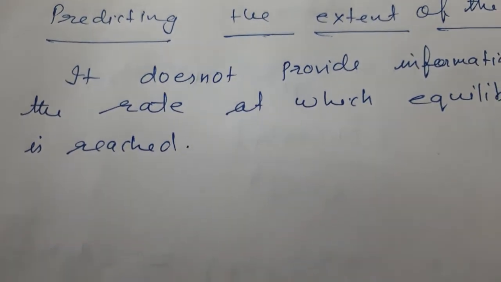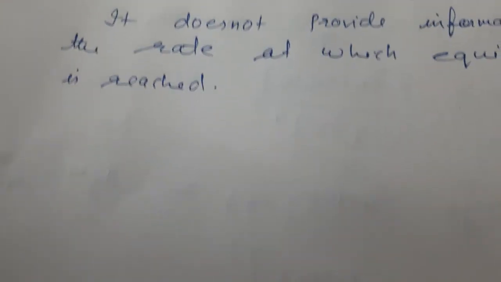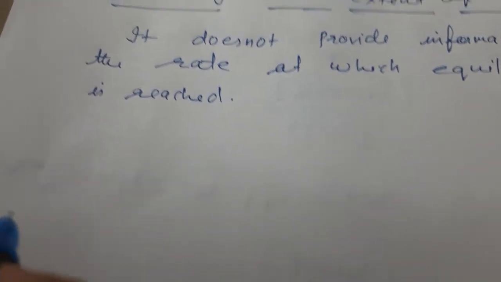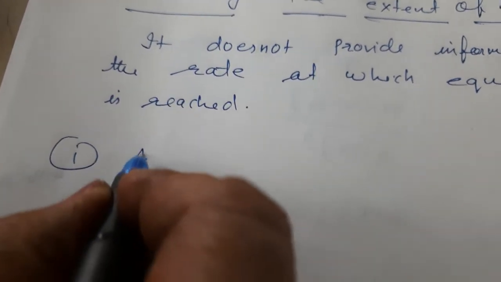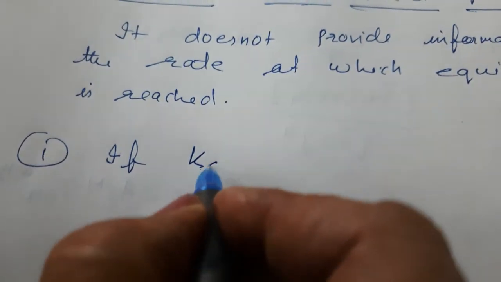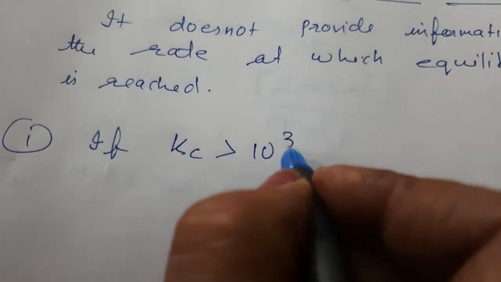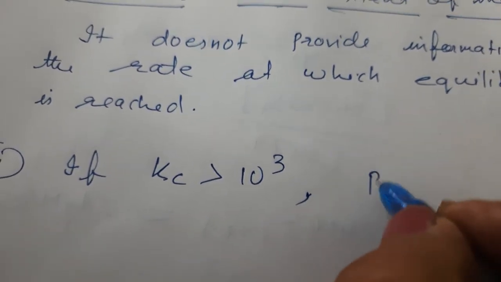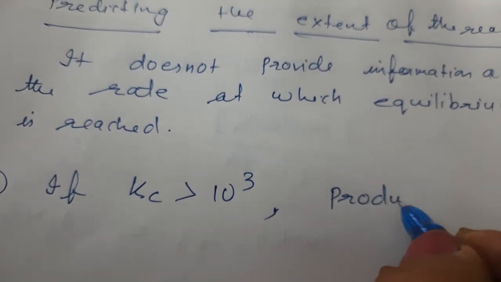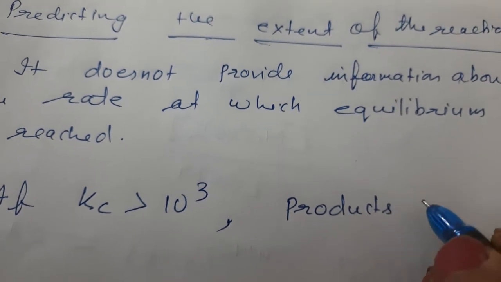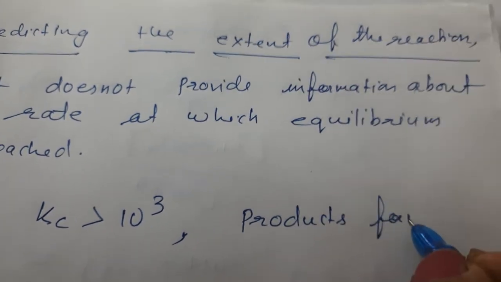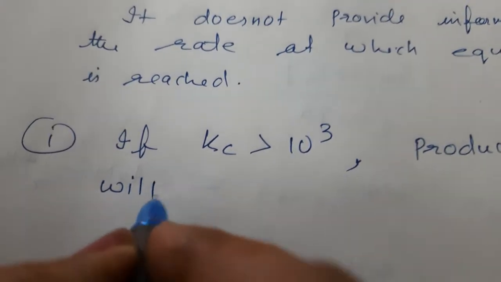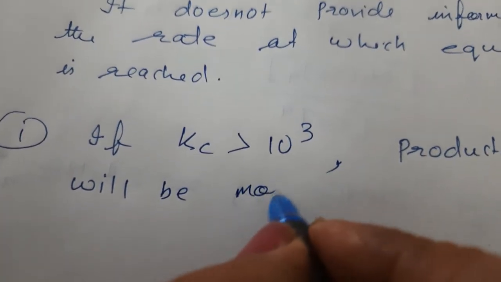The magnitude of Kc and Kp is directly proportional to the concentration, as we told earlier. So the first point to remember: if Kc is greater than 10 raised to power 3, then products predominate over reactants. More products will be formed. Product formation will be more.